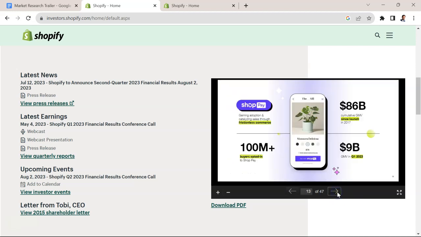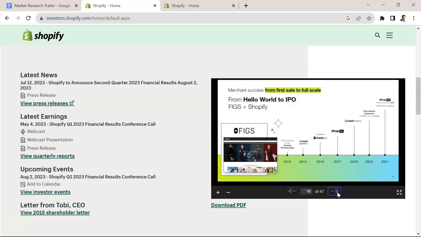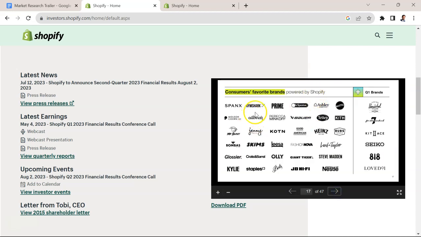You can also see what particular sellers are doing well on Shopify, like Spanx, Gymshark, Prime, Glossier, Kylie, Staples, and take a look and see what are they doing right that perhaps you could model your own business after. So those are three examples of how to apply the quick market research hacks in the Shopify/e-commerce niche.